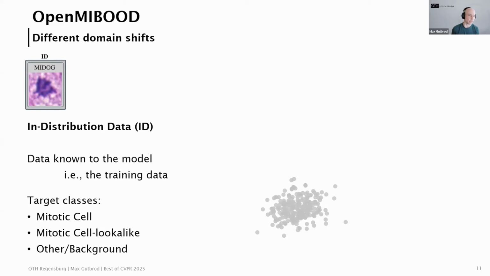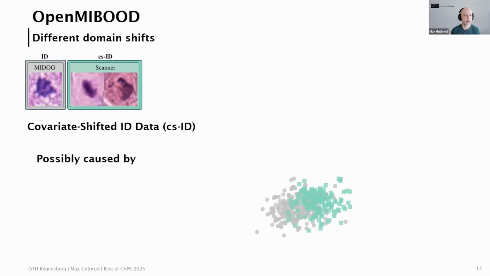And on the right, we see the in-distribution data with the gray circles. And as our first category for out-of-distributionness, we have the covariate shifted in-distribution data. And this means this data has exactly the same type of cells, but a covariate shift happened.